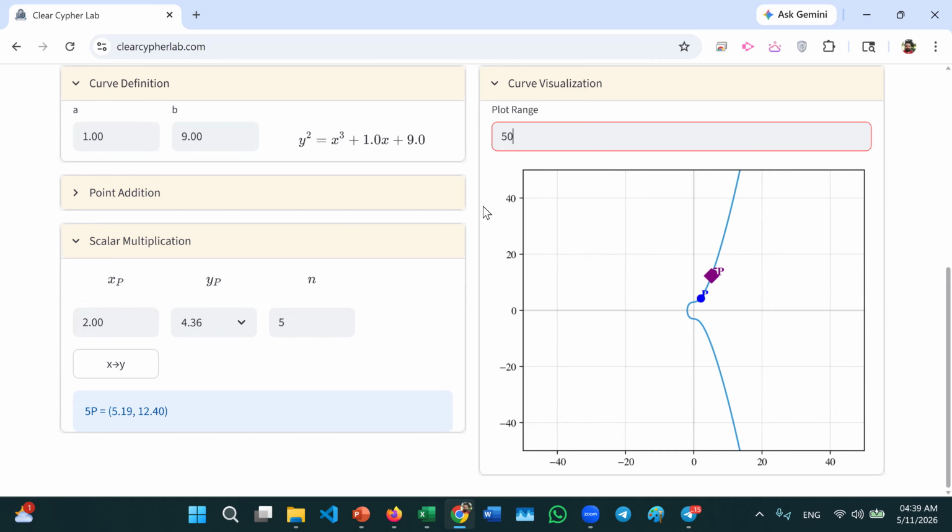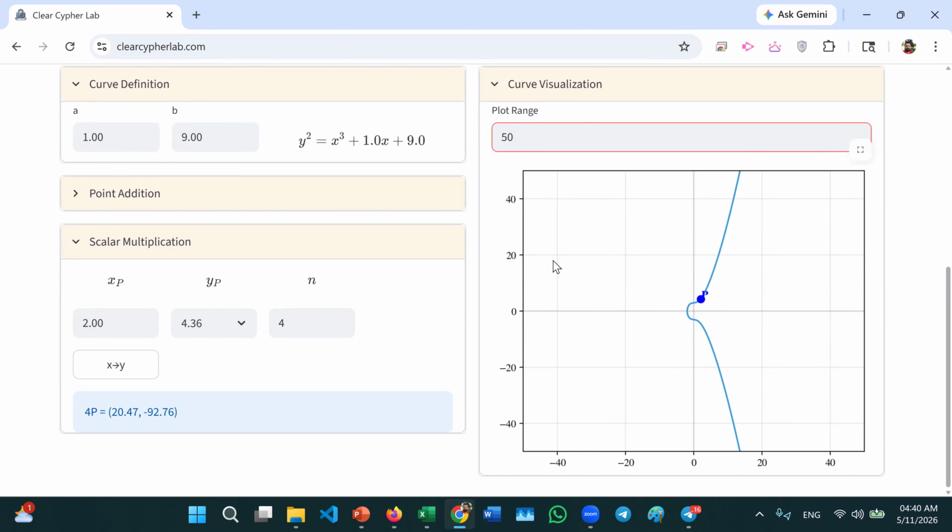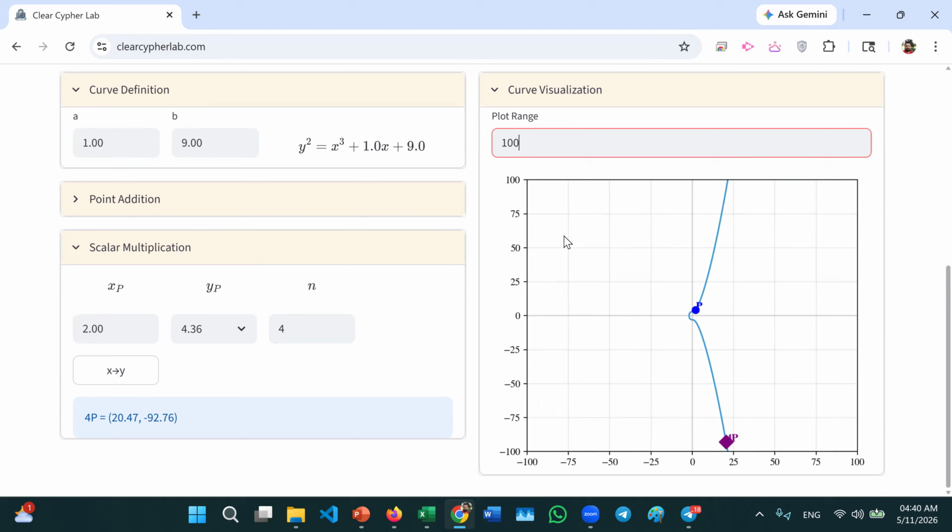So if you increase the range to 20, you will see 5 times P here. Or maybe you can try 4 times P, and it's not in the range, so I'm going to increase it, and it's not enough yet. Yeah, okay. So 4 times P is shown here.